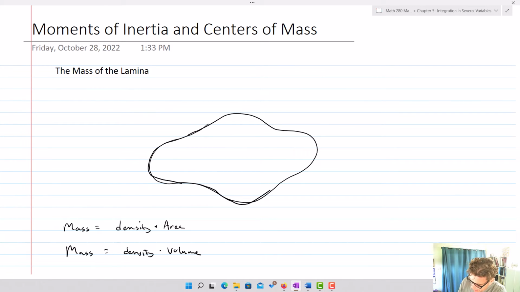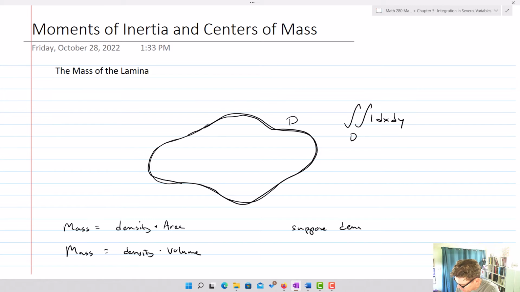So if I look at this figure here, we'll call this region D. The area of D is equal to the double integral of 1 dx dy. Now suppose our density function, because we no longer have a constant density, suppose the density at the point (x, y) is equal to rho of x, y.